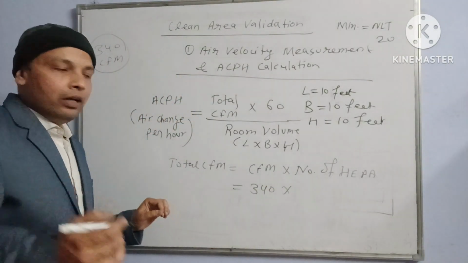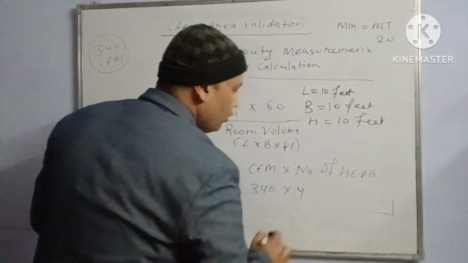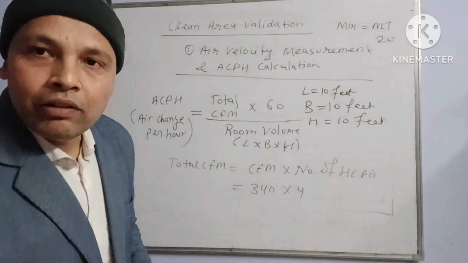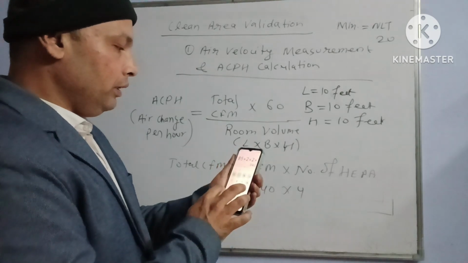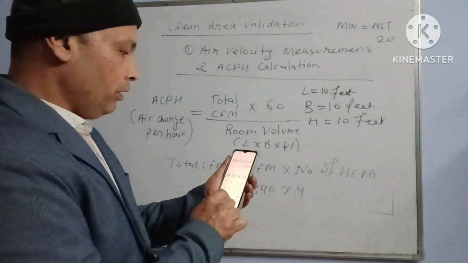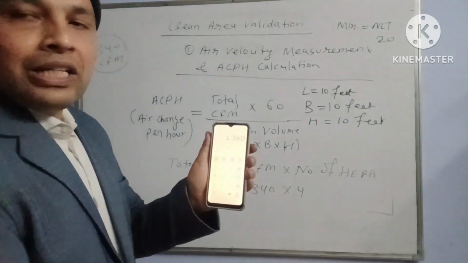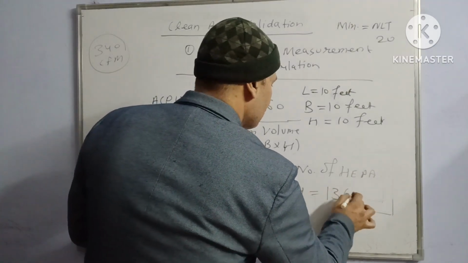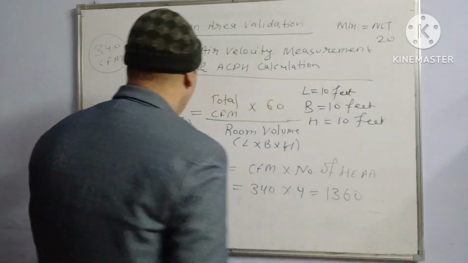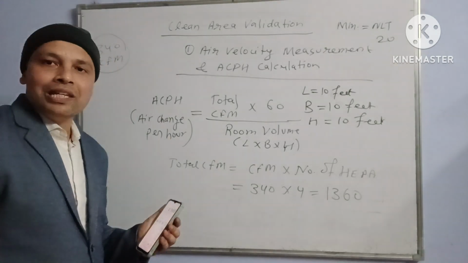We were having 4 HEPAs. Now 340 multiplied by 4, we are getting 1360. This is the total CFM.